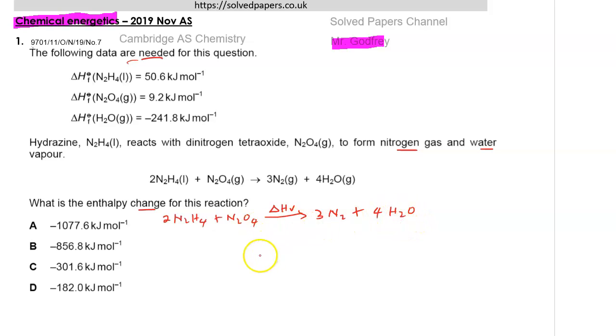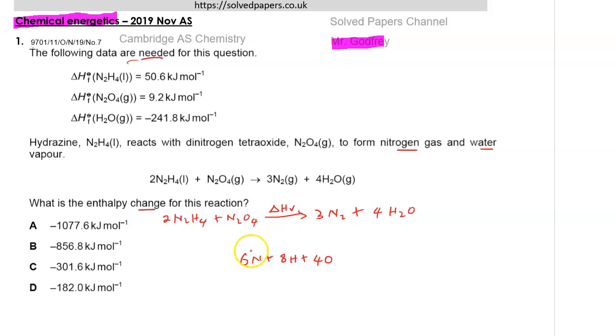Of course, the elements from which all these compounds are obtained: you can see we have 4 nitrogen atoms there and 2, so that's 6 nitrogen, plus 8 hydrogen, plus 4 oxygen.